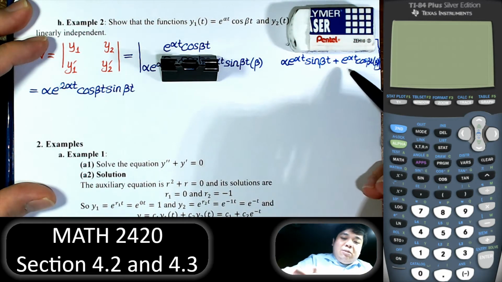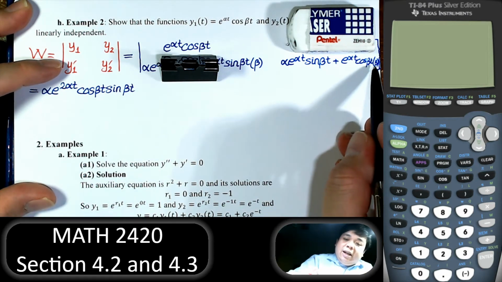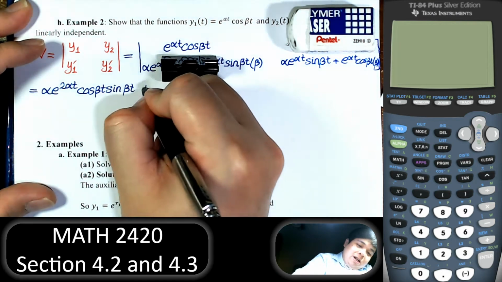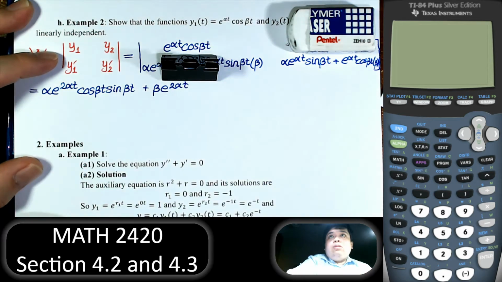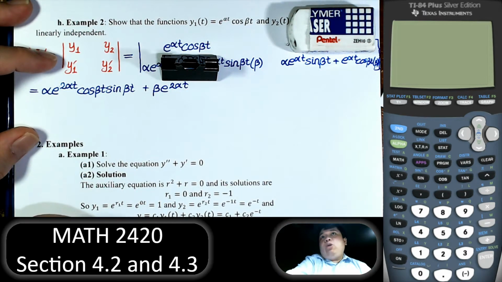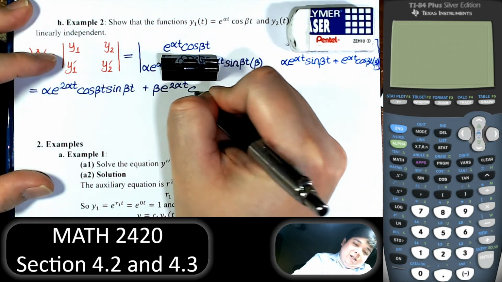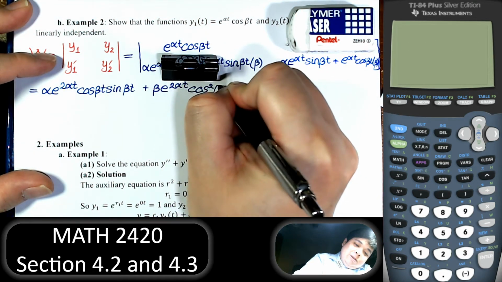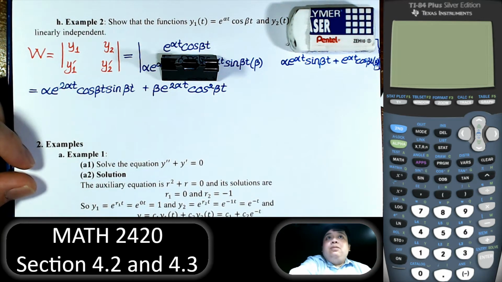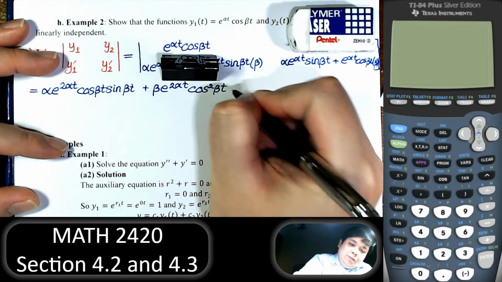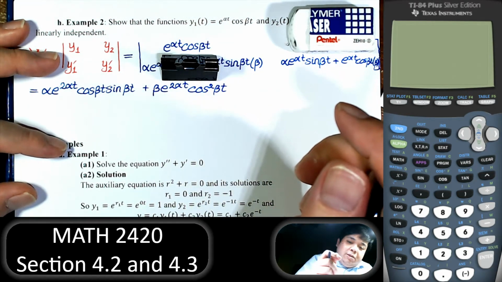And then that term times this, there's a coefficient beta at the end. So beta e to the 2 alpha t, cosine times cosine is cosine squared beta t. So that's where we multiply these two terms.